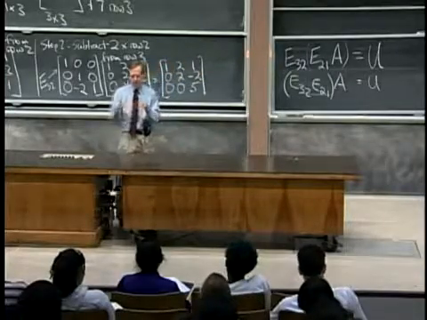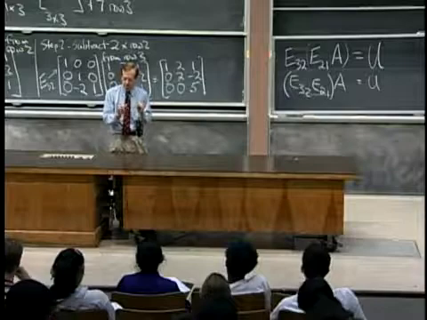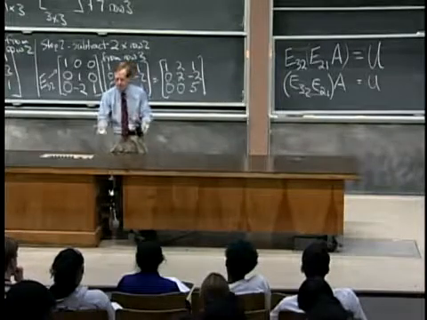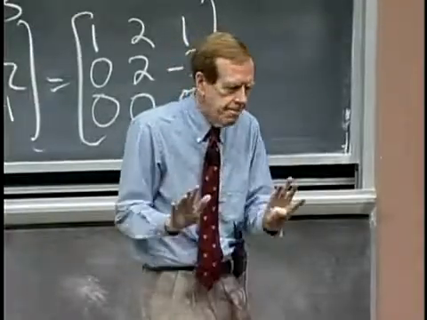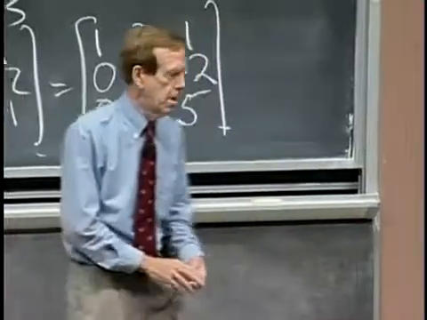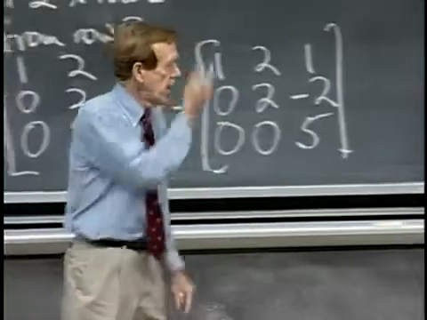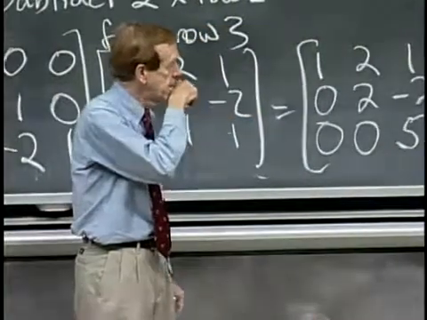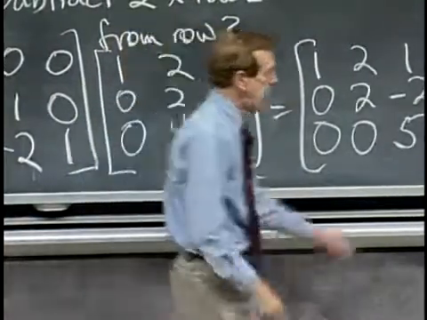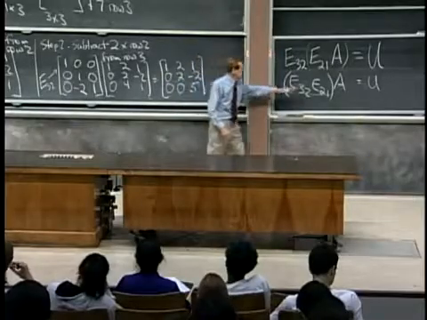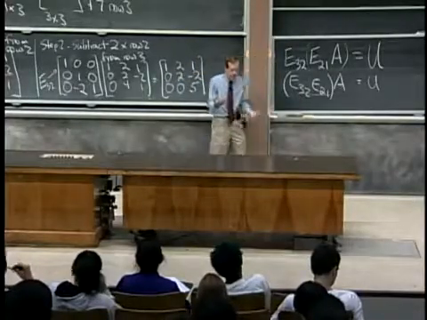You have to go into the gory details of matrix multiplication, do it both ways, and see that you come out the same. Maybe I'll leave the author to do that. Okay, so there we go. That's how there's a single matrix. I could call it E.